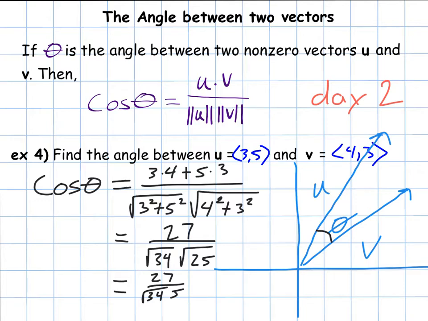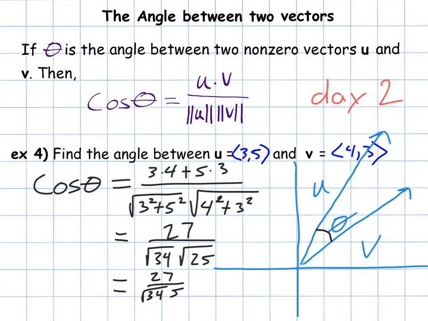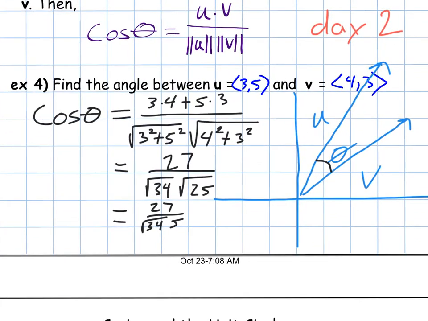That I would take to my calculator, as long as I put parentheses around the bottom, the square root of 34 times 5. That looks good. Now, I wouldn't go to a decimal approximation, but I just want to double check here. This is a cosine value, so if I got something that was over 1, that would be a problem, and the cosine inverse isn't going to work.